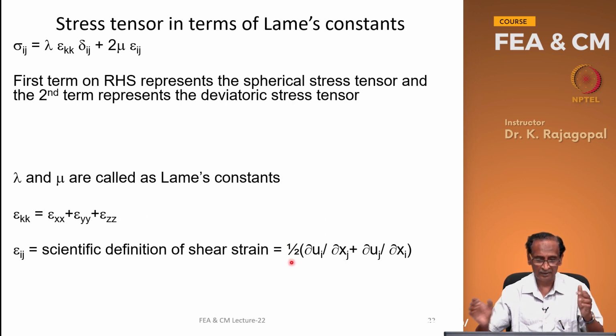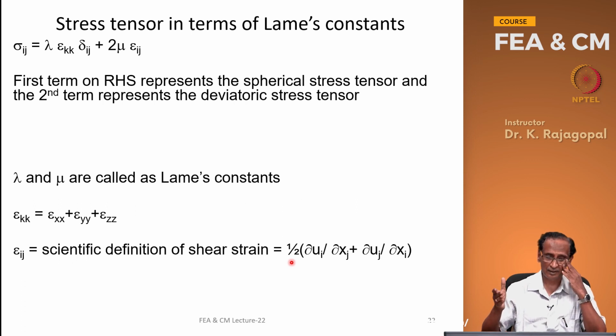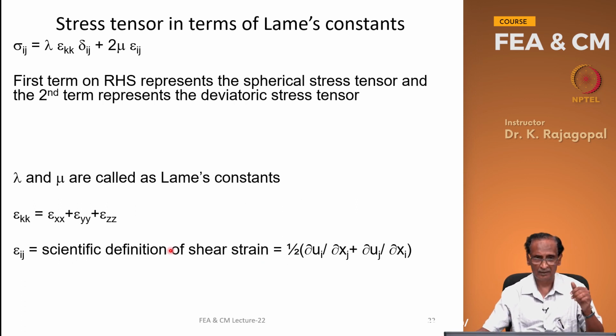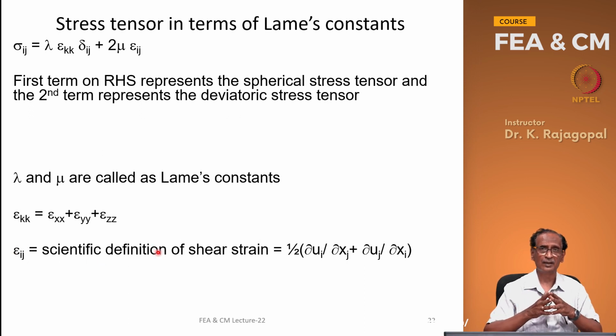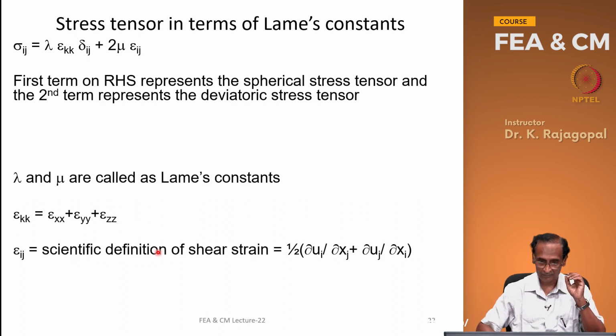And this is half. The average of the change in the right angle is called the shear strain in the scientific definition, and the engineering definition is the change in the right angle because of some distortion, okay.